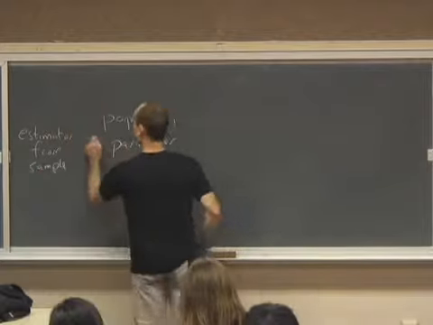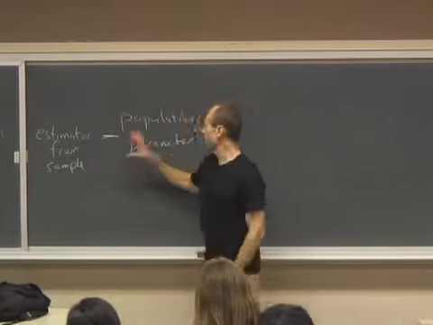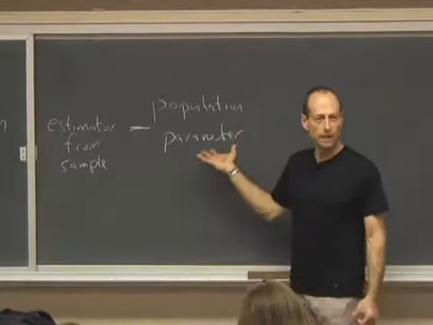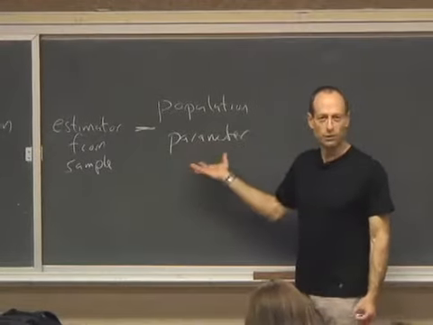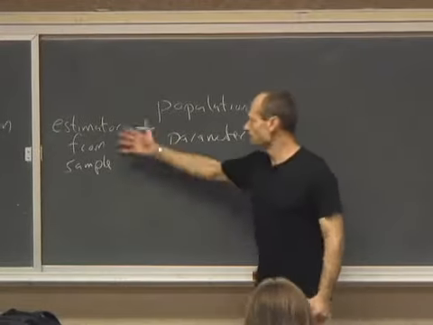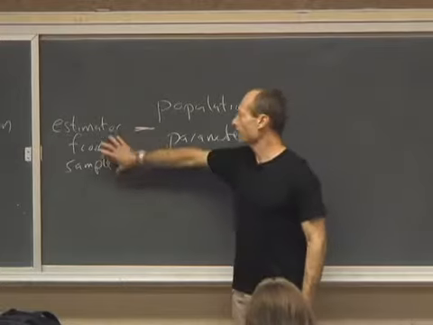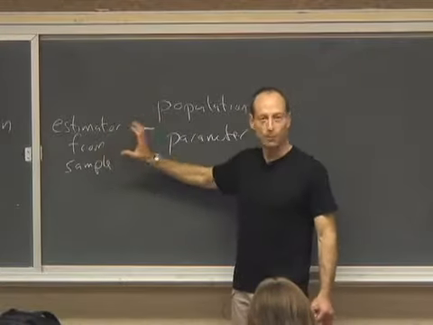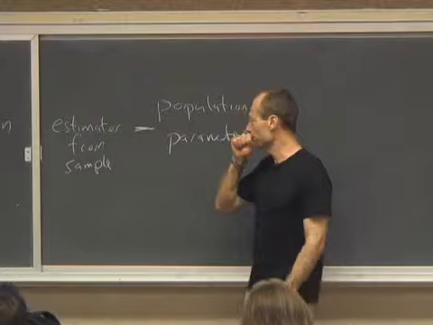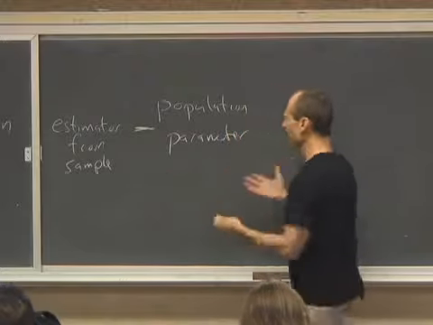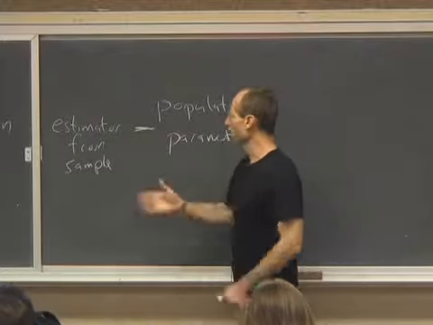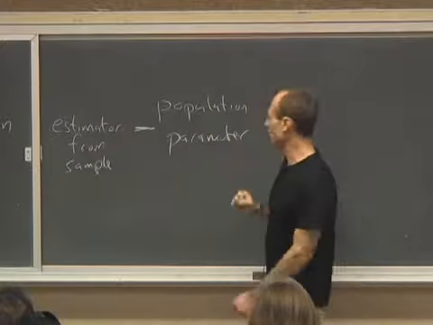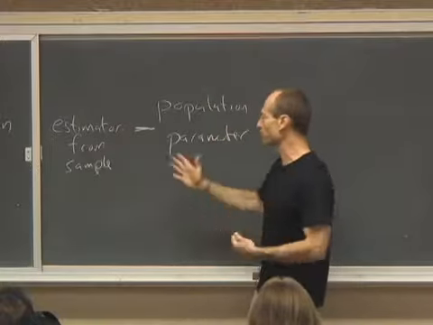The difference between those, the estimate minus the true value, that's the error. That's the error that the estimator made in a particular case for a particular sample. This is a random quantity, because the value that the estimator takes depends on which sample you happen to get. So how do we tell whether an estimator is good? Well, in any particular case, we're not going to know the value of the population parameter, but we can think about some properties of the estimator.